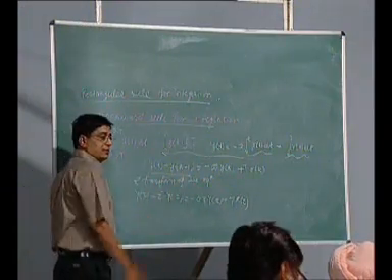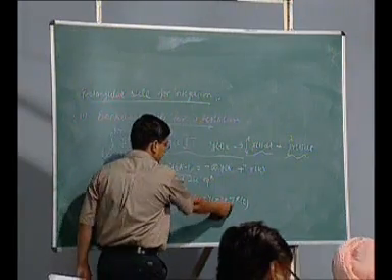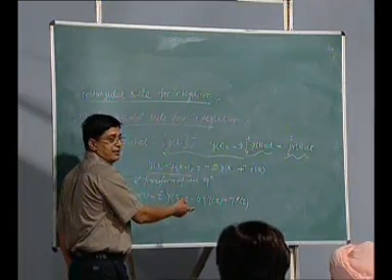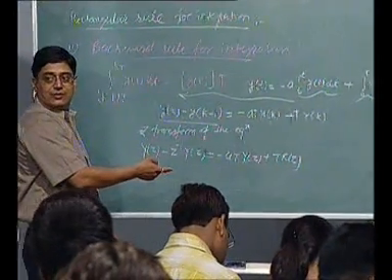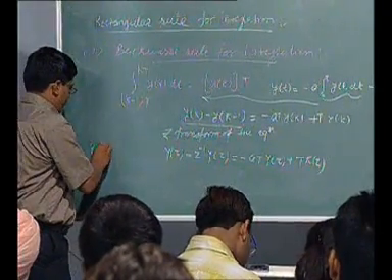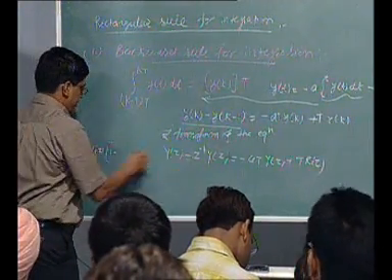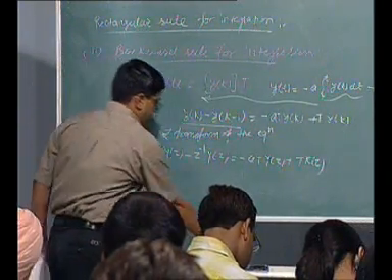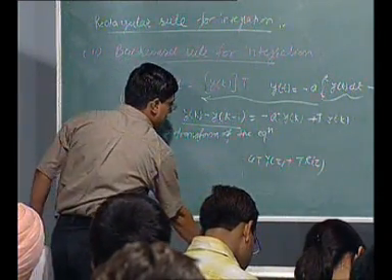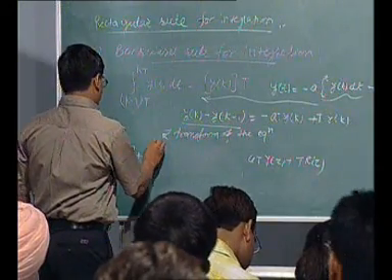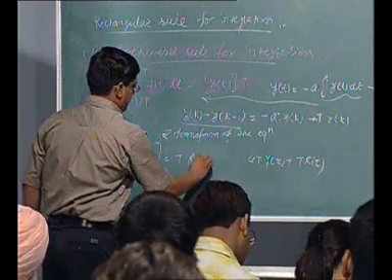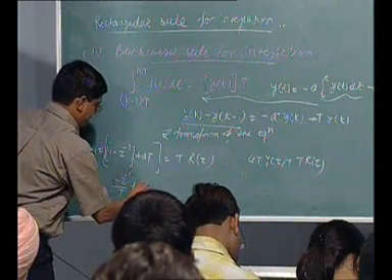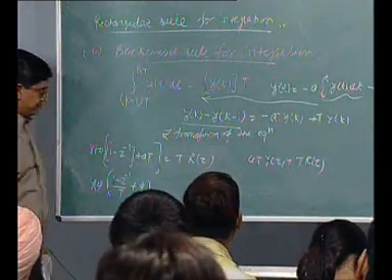Now, rearrange this equation, again divide by T. So, Y(z) taken out: 1 minus z inverse plus a T equals to T R(z). Now, divide by T also, it will be (1 minus z inverse upon T plus a) Y(z) equals to R(z).